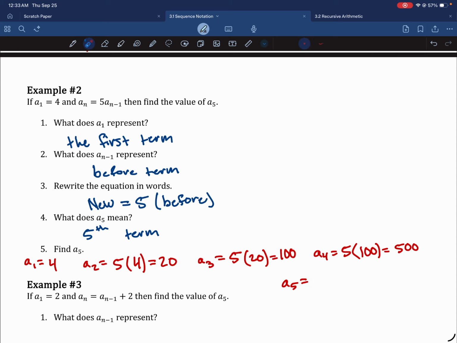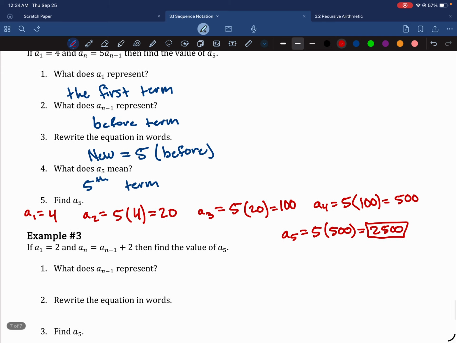A sub 5 is 5 times the before term. So 5 times 500, which is 2,500. That is a sub 5, okay? So see, to find the fifth term, we need to find all of the previous terms as well, because we're constantly using that before term.